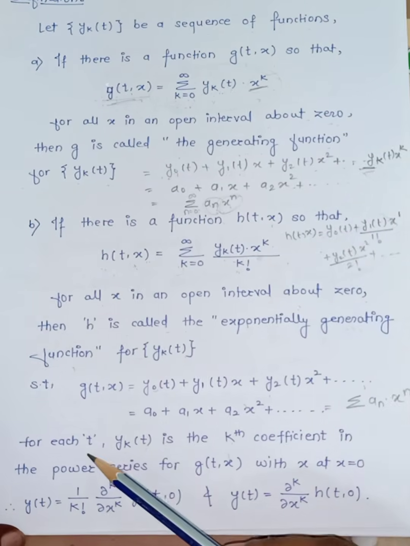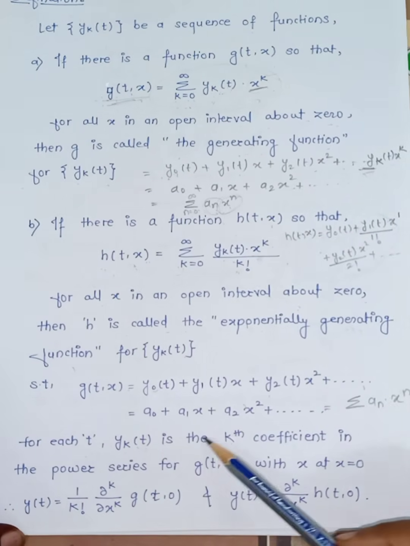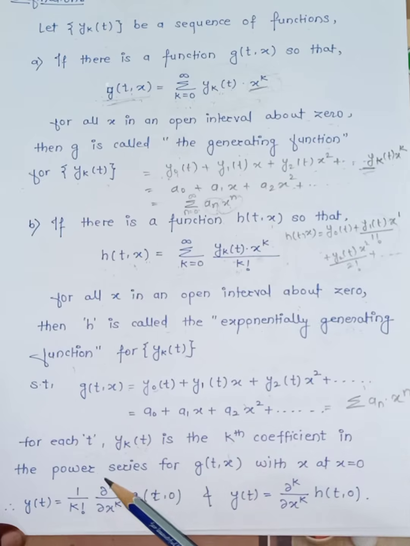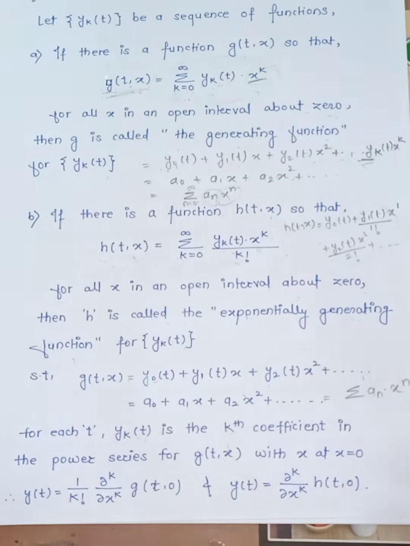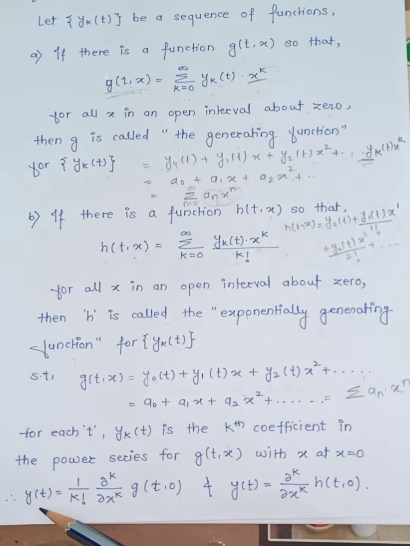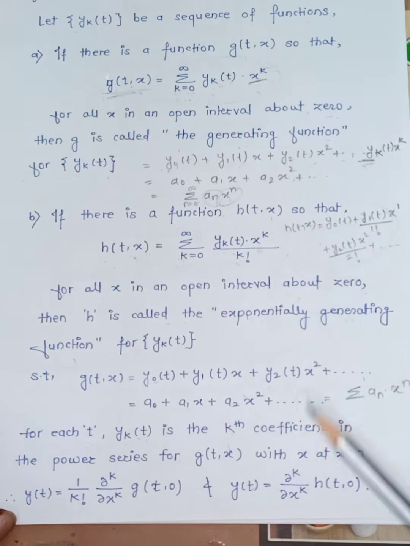Okay, so for each t, y_k of t is the kth coefficient in the power series for g of t x, with x equals 0. And if we form the general formula, we get y_k of t equals 1 by k factorial del k by del x k of g of t 0, and y_k of t equals del k by del x k of h of t 0, if we put x equals 0 in this and this.